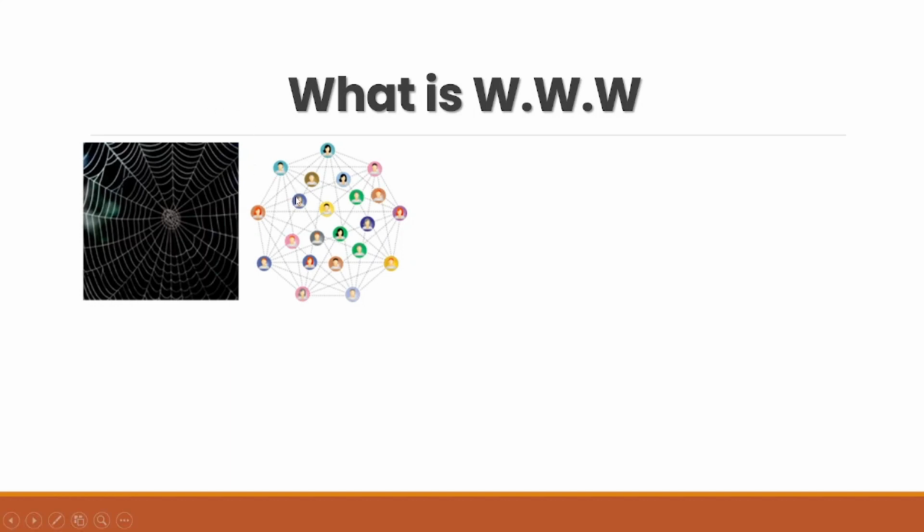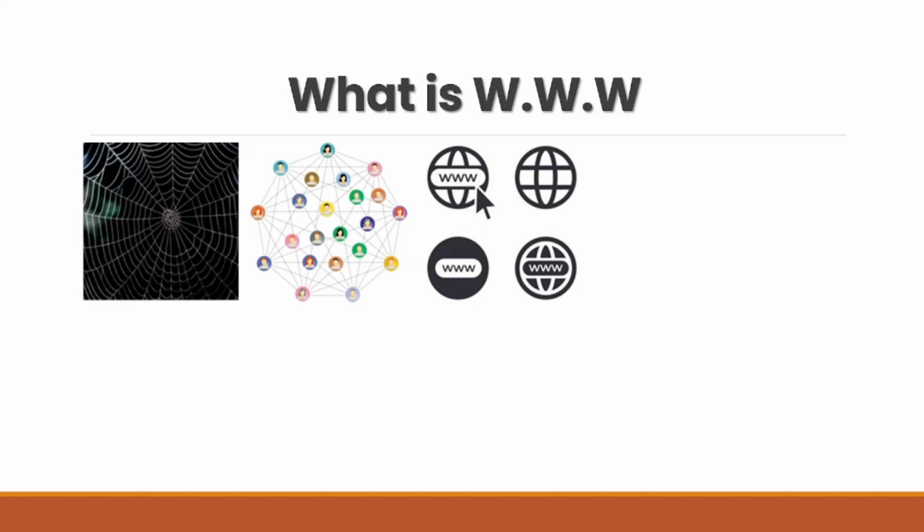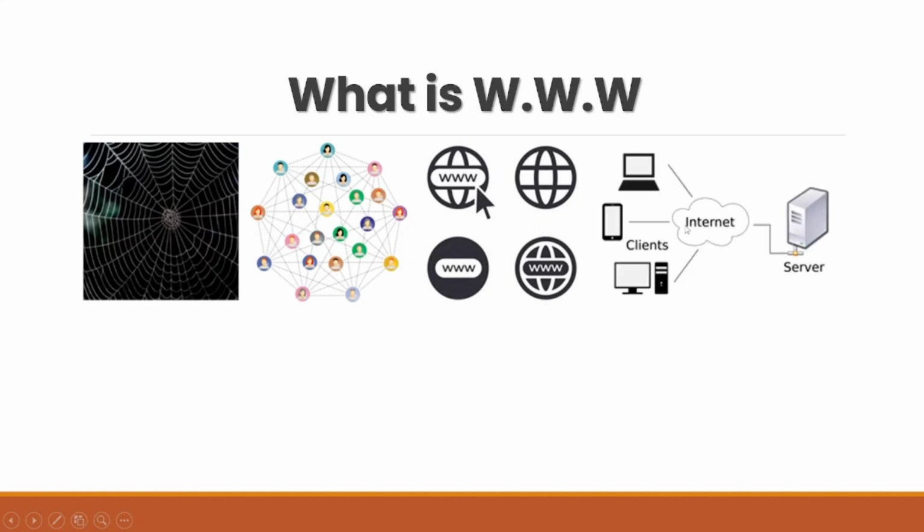And if you take a look at the image in comparison with the image we have here, you can see the source of connectivity the cobweb has together with this. And that's why the World Wide Web is named the web. And these are logos that were used to represent the web. So taking a good comparison to this connectivity, and this in a simpler version, this is the World Wide Web logo. And this in general is what the web entails, which I will get into in coming slides.